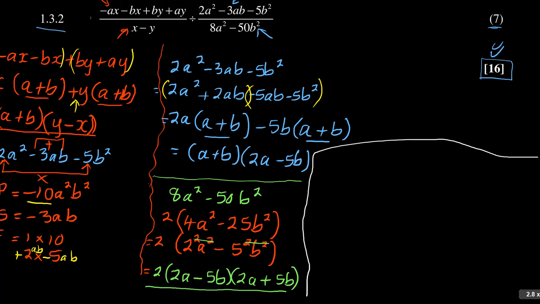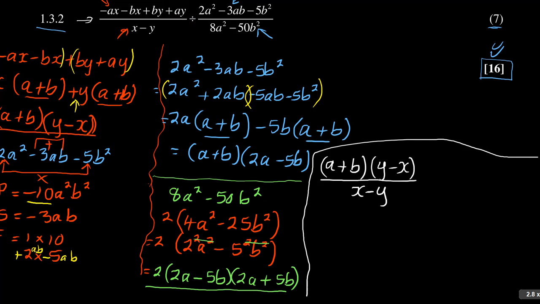Remember, it was minus ax from the top. So what I got from the top, when I factorized it, I got a plus b, and I got y minus x over x minus y.